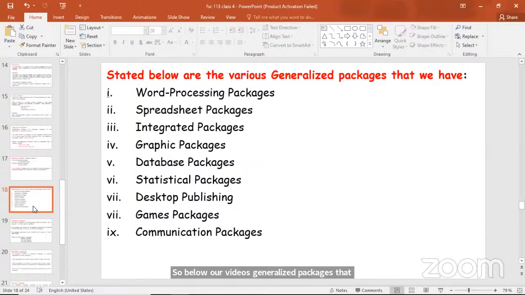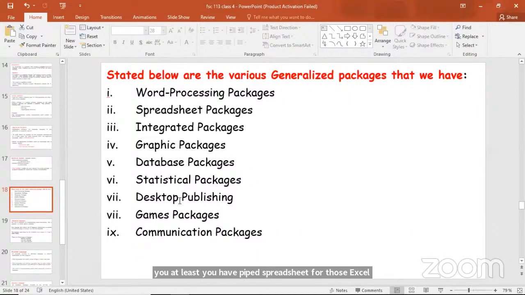We have word processing, spreadsheet, integrated packages, graphic packages, database packages, statistical packages, desktop publishing, game packages, communication packages. Now, this you could just read. I'm sure you know what word processing packages are, at least you have typed. Spreadsheet, for those, Excel. Integrated packages.